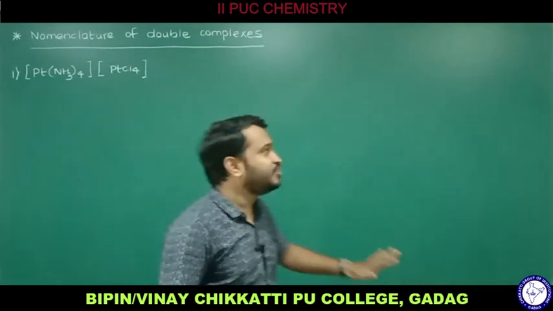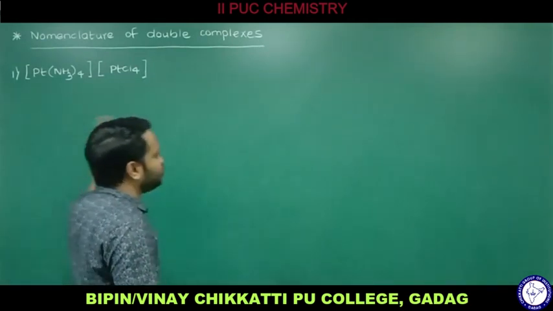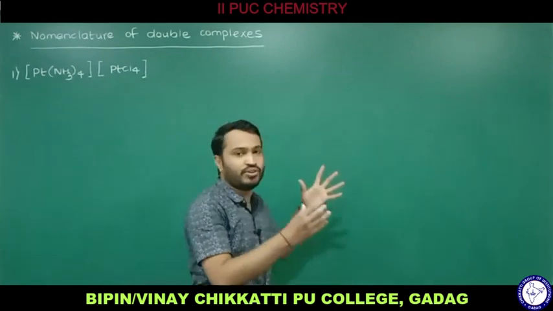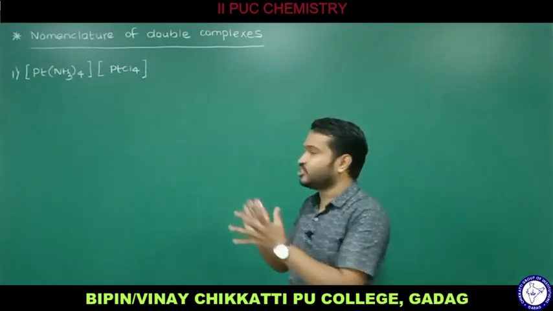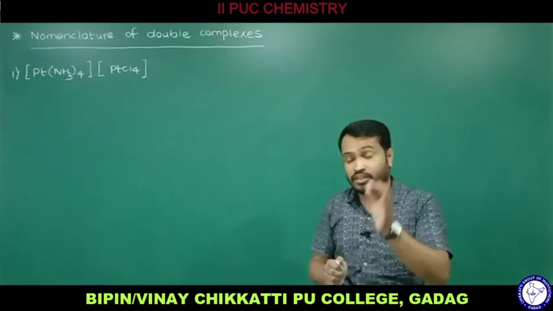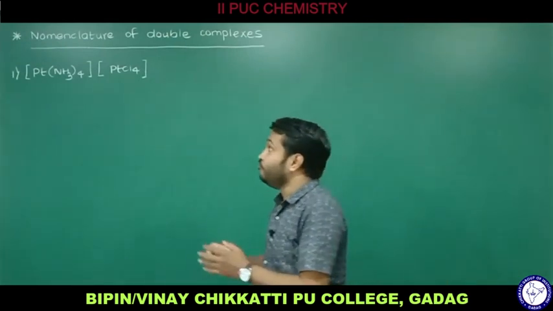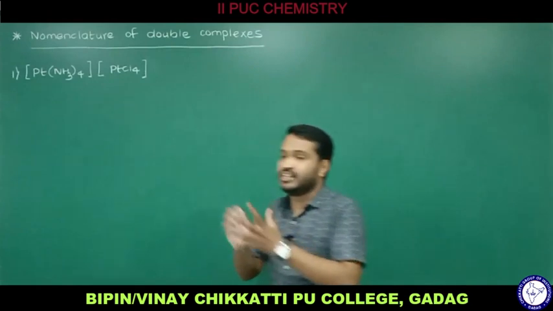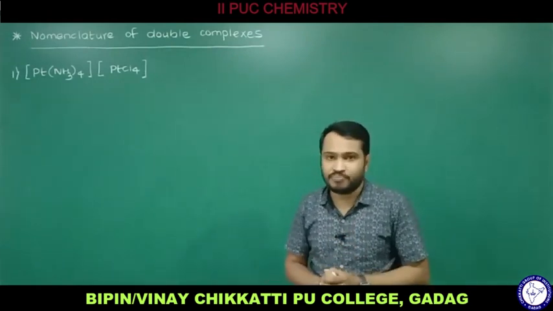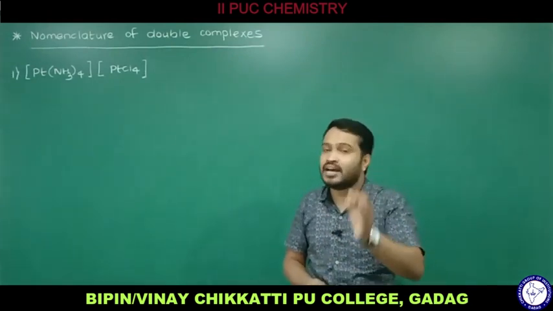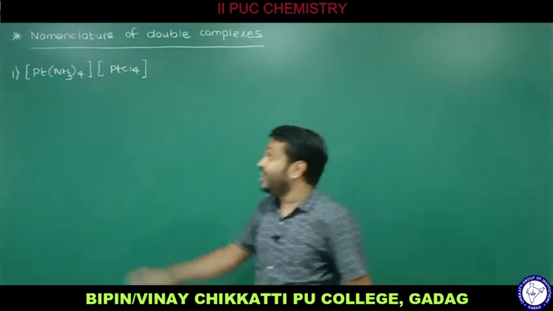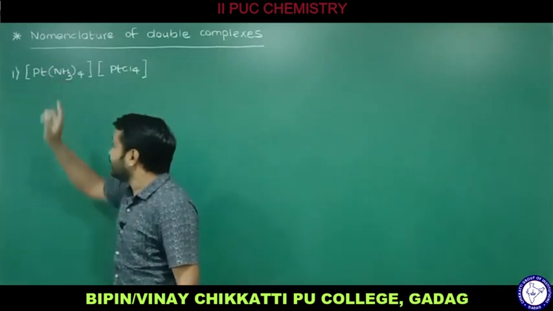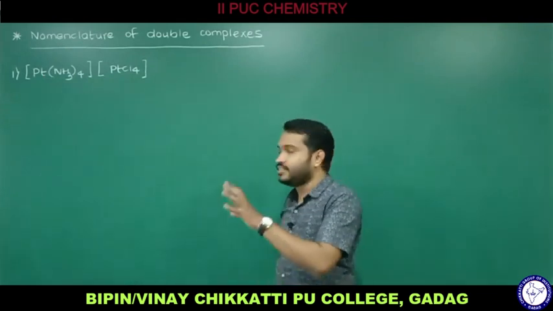The nomenclature is the same. Usually we follow the same rules as for naming coordination compounds in general. But the very important part is we need to find out the oxidation number of the central metal atom. That is the very important task in the nomenclature of double complexes. If you consider this complex, platinum is the central metal atom and NH3 is the ligand.